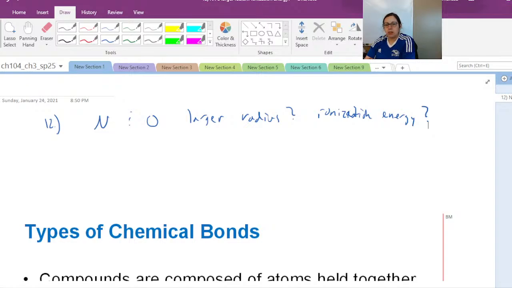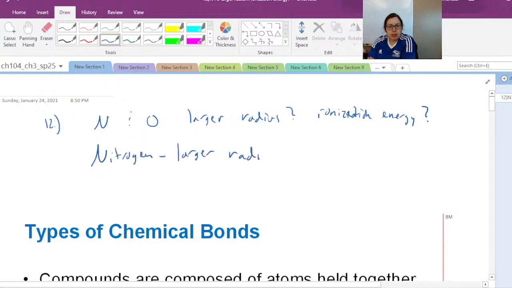Oxygen is a higher ionization, but which one's the larger radius? Oh, radius. It's nitrogen. Yeah, so nitrogen should have the larger radius. And then what do we expect for the ionization energy?